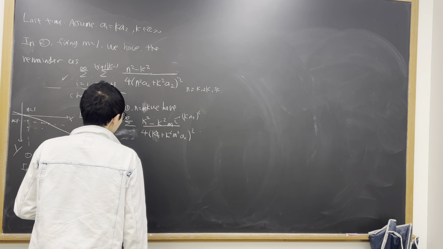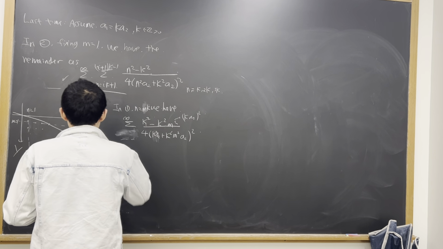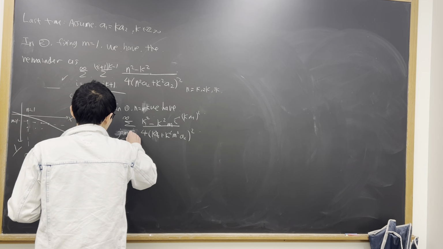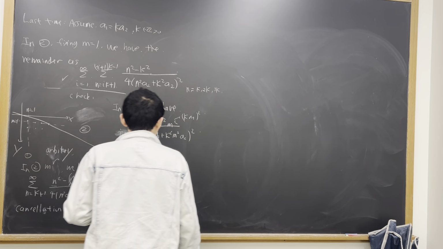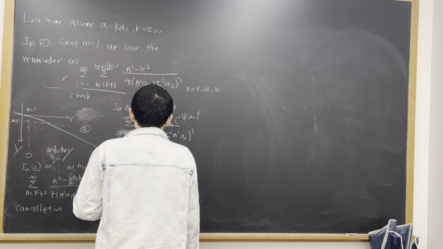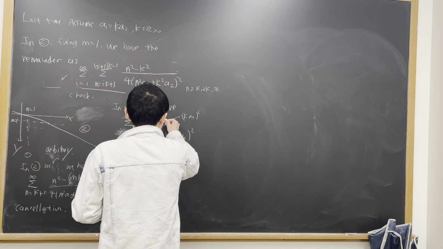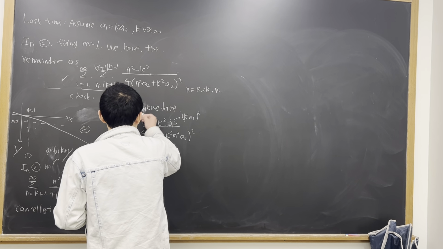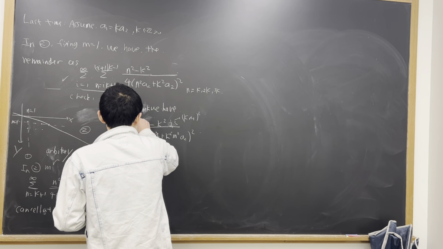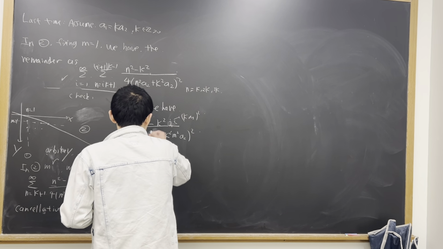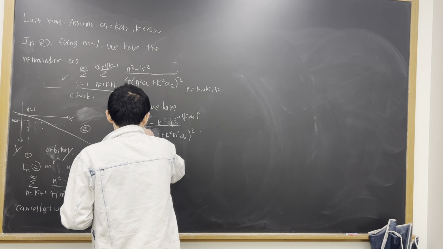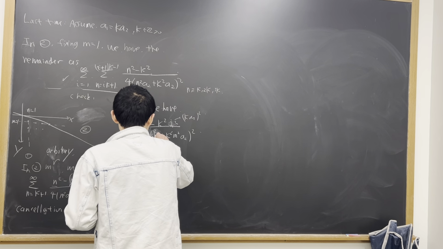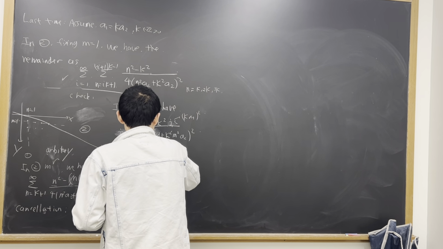Right, so that is j here. And so this is j squared. And then this is mk squared. And then this is 4 times mk squared a2.